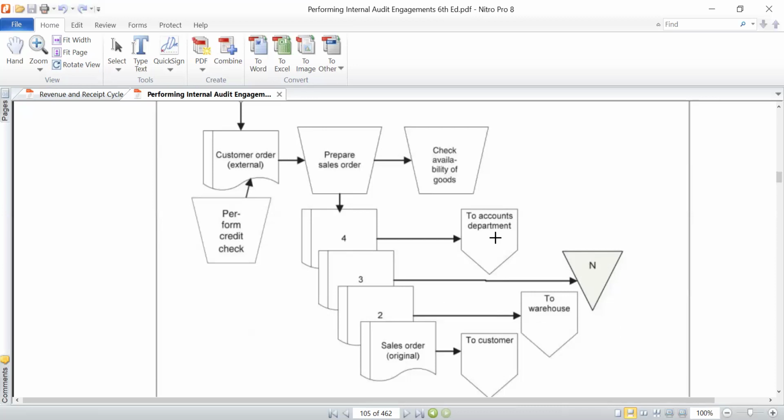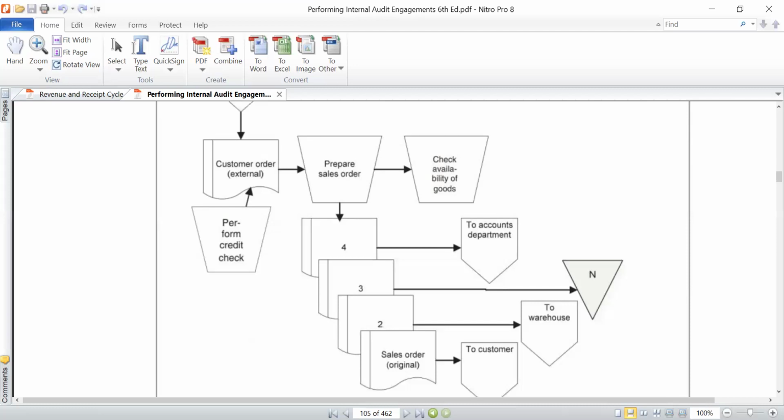When the customer is paying, we need to verify the payment: did the customer pay the correct amount based on what they actually ordered, or are they underpaying for the goods we have already delivered to them? For us to confirm, we need a copy of the initial sales order. That's why it is sent to the accounts department.